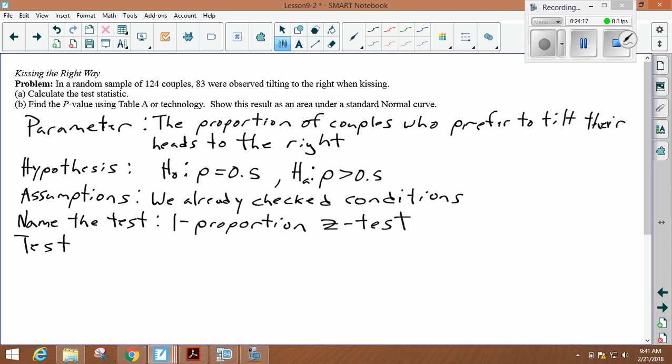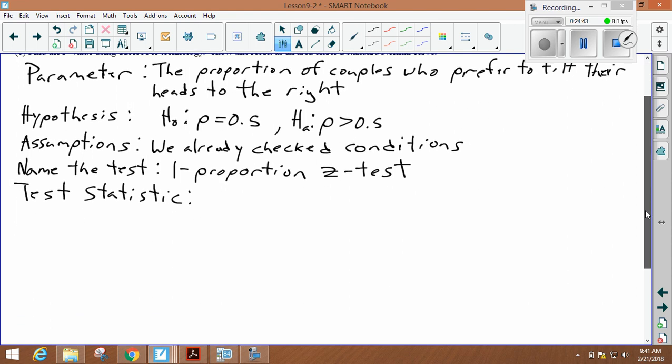So now we can answer our test statistic. I said our test statistic is our statistic minus parameter divided by the standard deviation of the statistic, right?